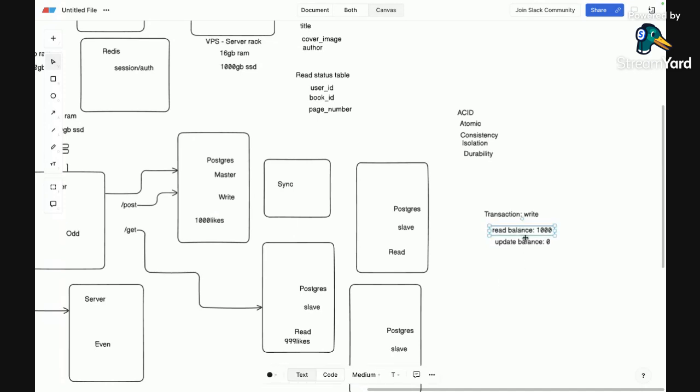But what happens if someone sends another transaction, or something automatically debits some money? That's where atomicity and isolation come in. Again, that's very interesting if you go deeper into that. When this transaction is happening, every database does it very differently.